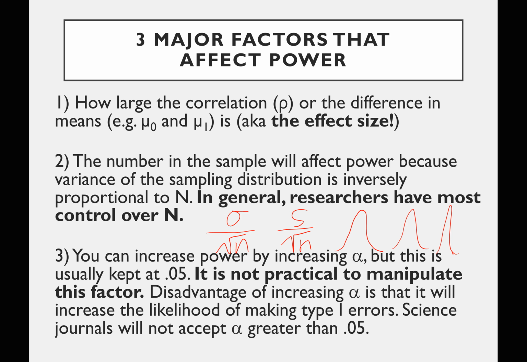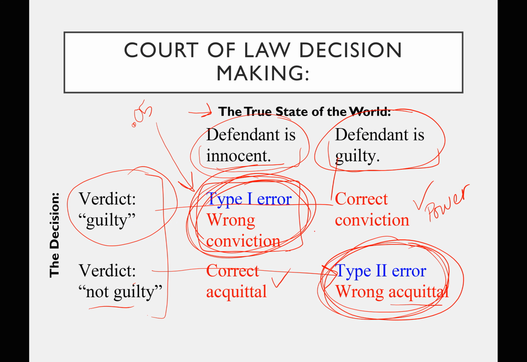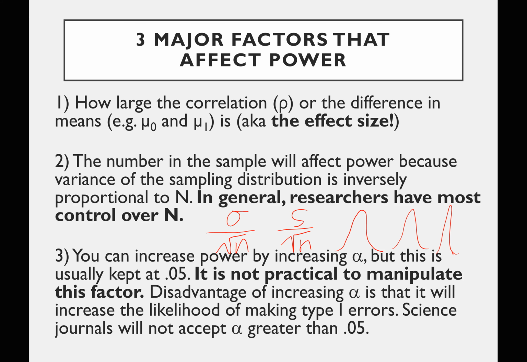The problem is, like we said, alpha is usually considered the worst mistake to make. We definitely don't want to make a type 1 error. We would much rather make a type 2 error than a type 1 error. We'd rather miss it than say something is there when it's not there. So in theory, you could do that. In practice, we do not do that.